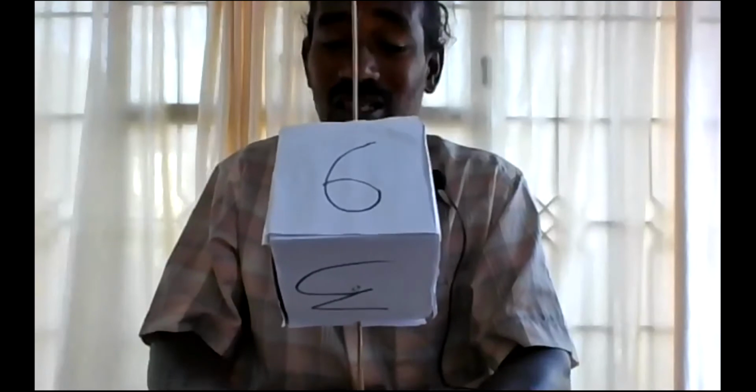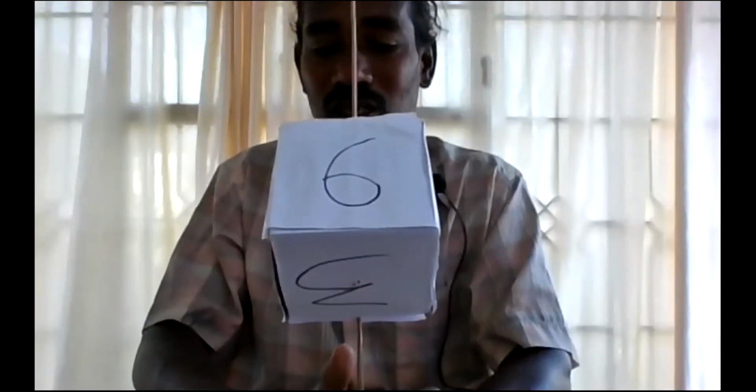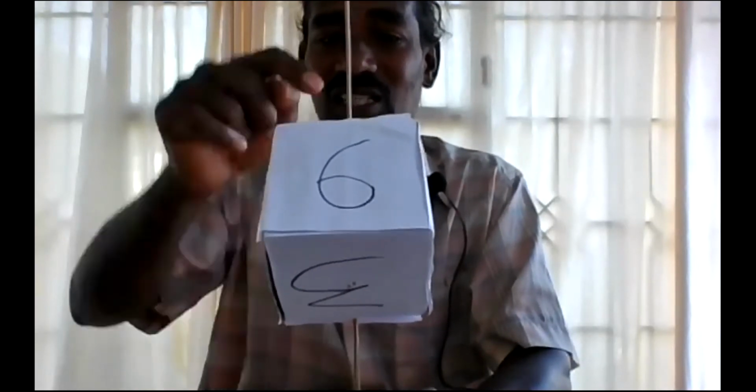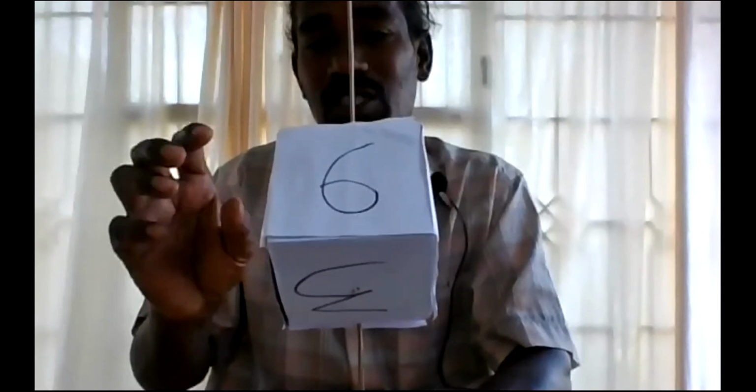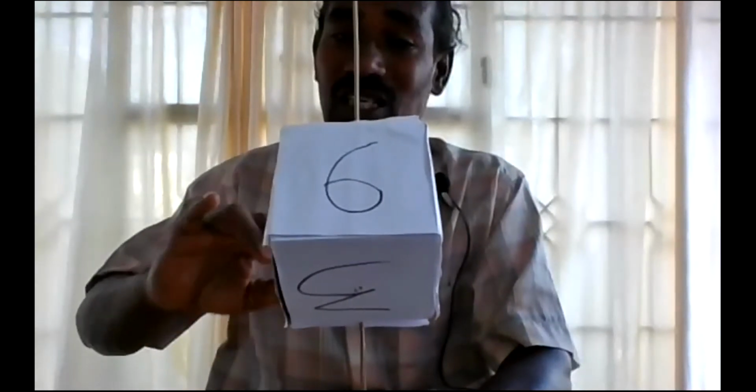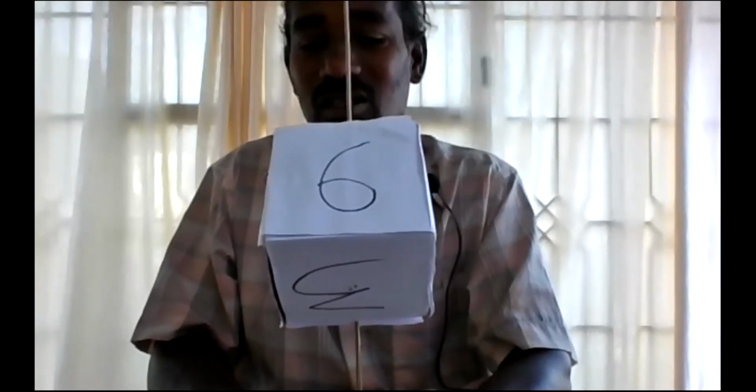Now, this axis is passing through what? Opposite edge centers. For this cube, how many edges do you think are possible? How many opposite edge centers are possible? Edges means what? A line joining two corners is called an edge.